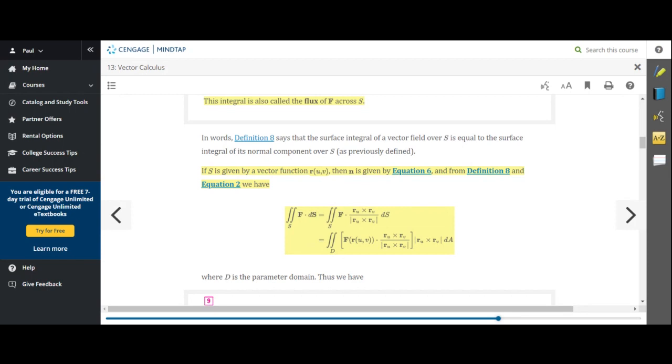Let me see if I can make this make sense for you. You have a surface, and you have a point on the surface, and you have two space curves that intersect at the point.